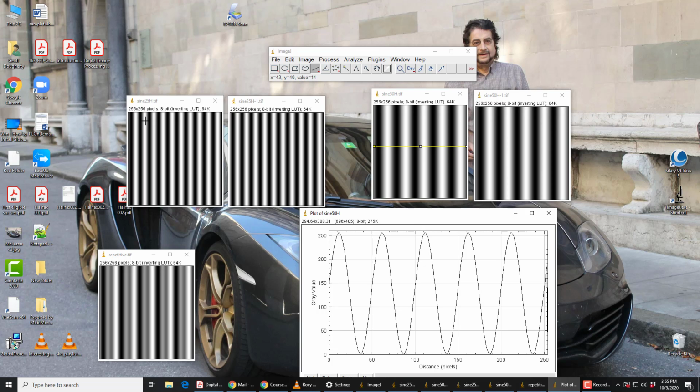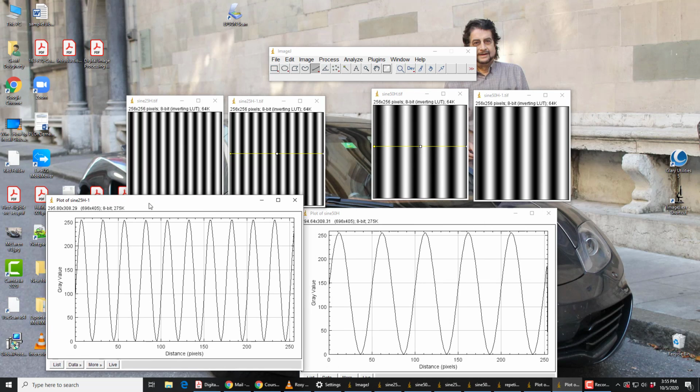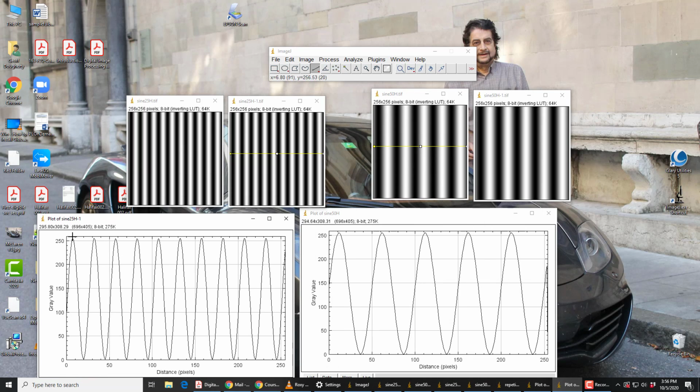If we look at the other sine wave, and again holding down shift, plot a horizontal line and go to Analyze, Plot Profile, we see that its brightness also changes sinusoidally, but its repeat distance, or its wavelength, according to this scale, is 25.